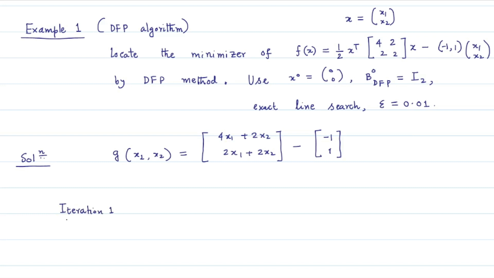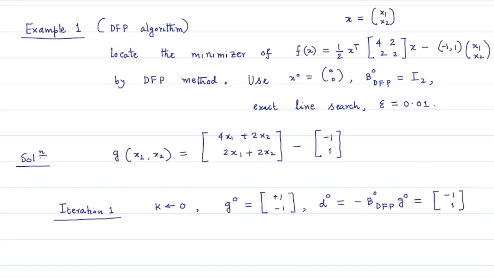In the first iteration, we have the initial counter k is equal to 0. The gradient at the initial point x0 is given by (1, -1). The direction d0 is given by B0 DFP times g0, that gives us (-1, 1).